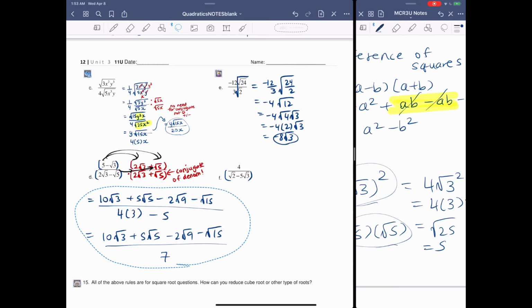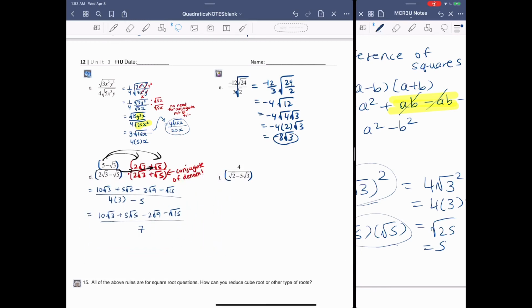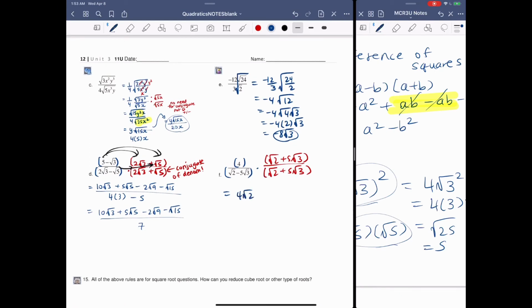Question F. So I need to multiply the top and bottom by the conjugate, which is square root 2 plus 5 square root 3. So I have on the top 4 square root 2 plus 20 square root 3, divided by square root 2 times square root 2, which is square root 4, which is 2.